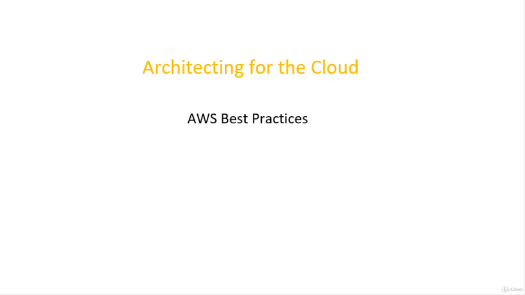So this video will highlight the principles to consider whether you are migrating existing applications to AWS or designing new applications for the cloud. This video assumes that you have a basic understanding of AWS services and solutions. So before starting this series, I would suggest going through the previous videos so that you have a better idea of the AWS services and how they work.